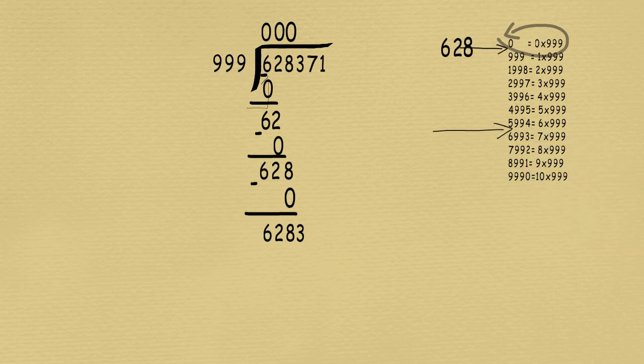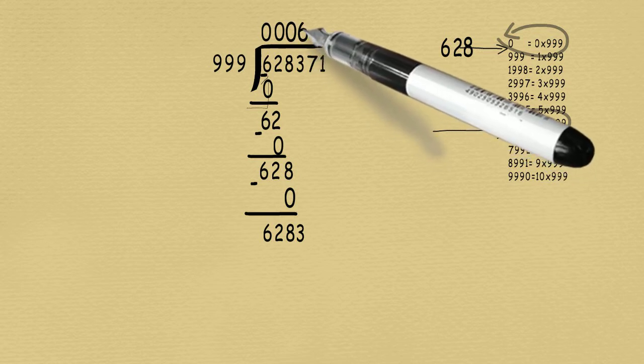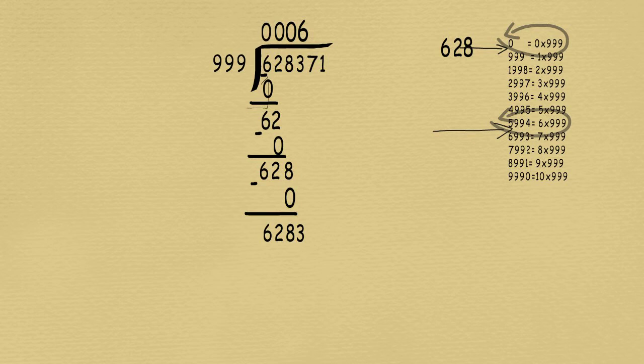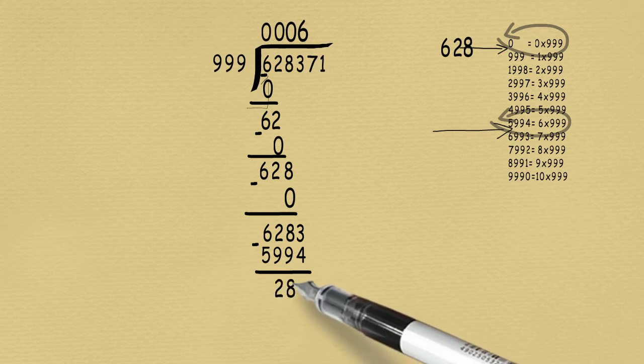So I'm going to choose the entire expression 5994 equals 6 times 999. I'm going to write down 6 on top of the division house, and 5994 right underneath the number 6283. I'm going to perform a subtraction, and I have that the answer is 289. So I'm finished with that step.